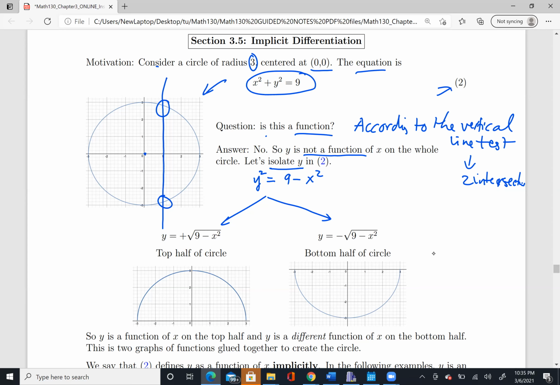Below here is a graph for each solution for y. The left hand side we're going to call the top half of the circle, and the right hand side gives me the bottom half of the circle.